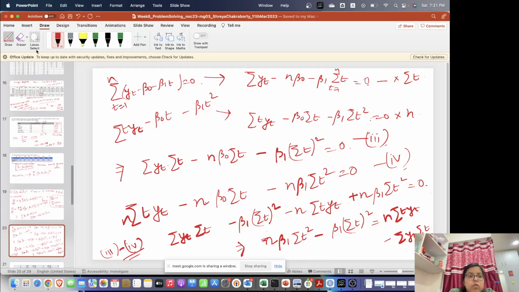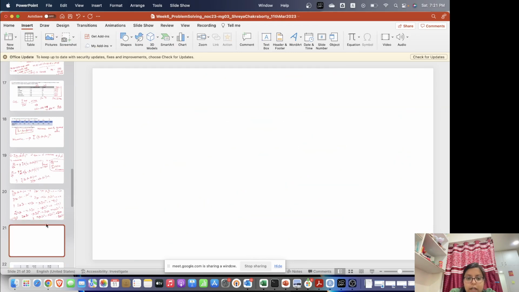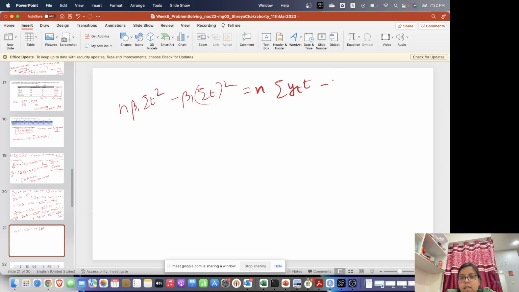Alright. So if I expand this thing, what am I going to get is that, in the right hand side I have n beta 1 summation t square minus beta 1 summation t whole square equals to n summation y_t into t minus summation y_t summation t.